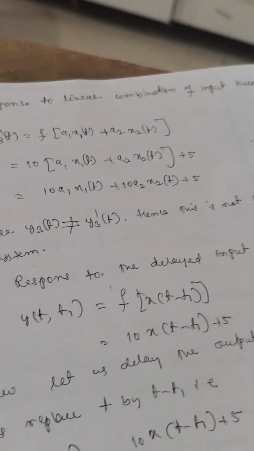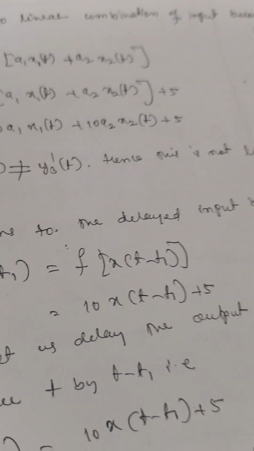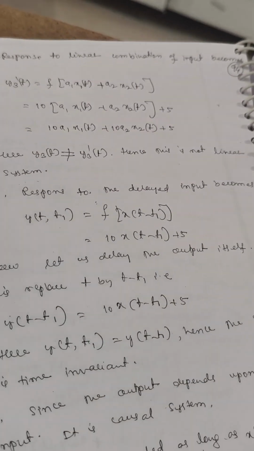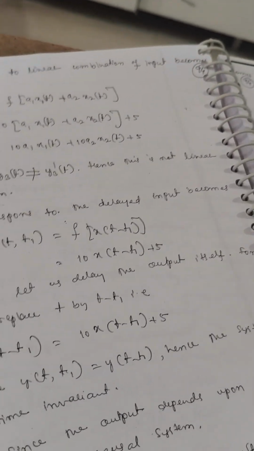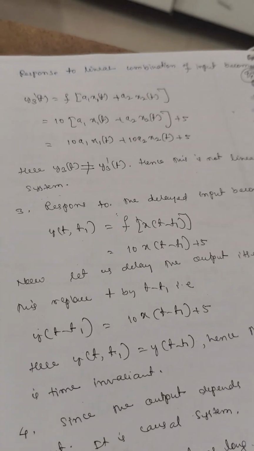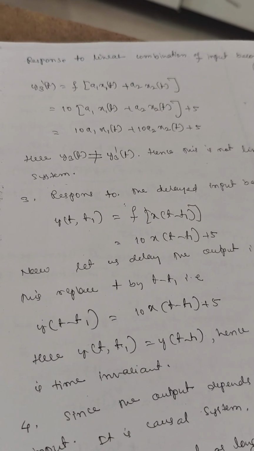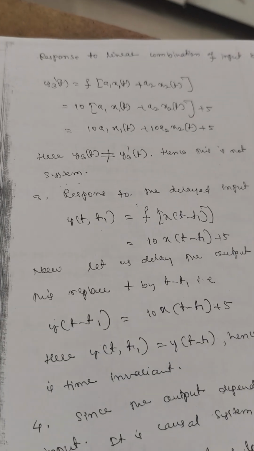You have to refer to the notes, only then will you come to know how we calculate the various properties of the system. Here you have to take the notes, it is important. I solved nearly 10 problems to find out whether the system is stable or not, causal or not, linear or non-linear, everything is there.